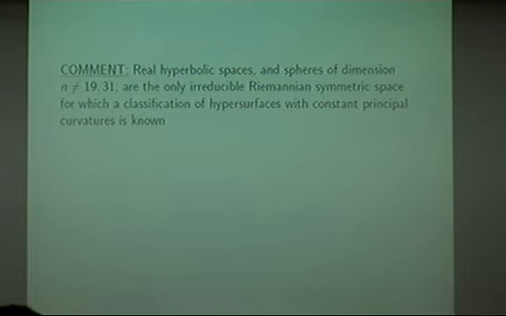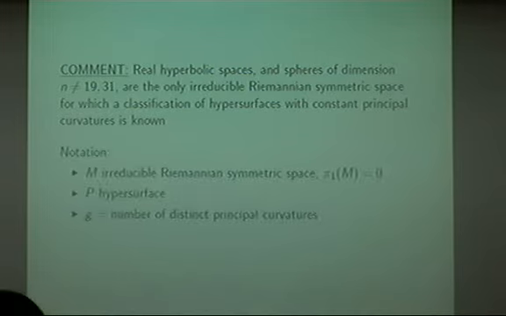But what I want to do in these talks is to say what is known, how one can prove these results, and what the problem is, why one actually can't solve the problem. And in my talks I will present you with a number of open problems in this context. So the notation I want to use is M will denote a Riemannian symmetric space, maybe one of these spaces over there on the board.